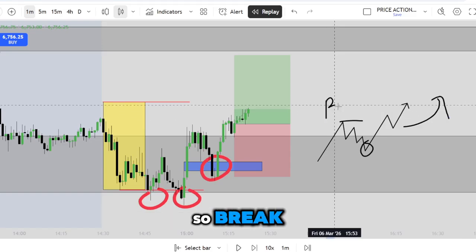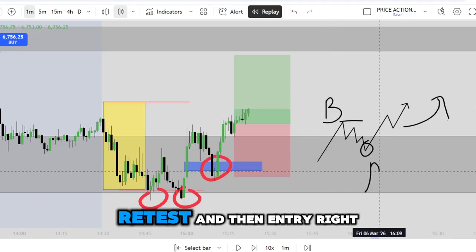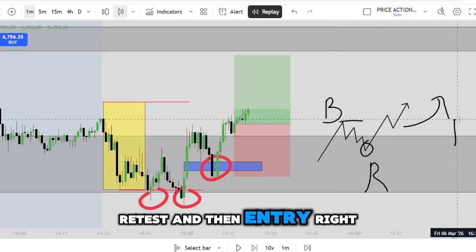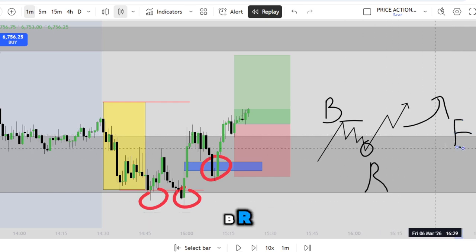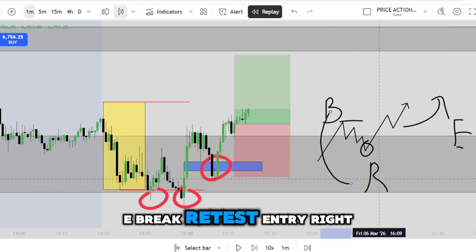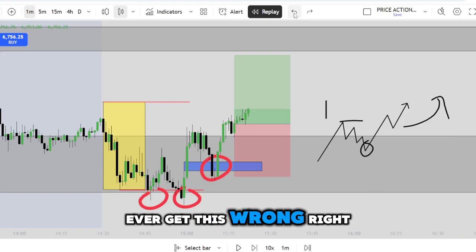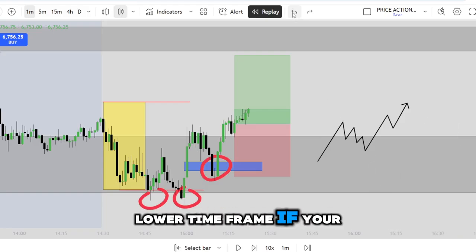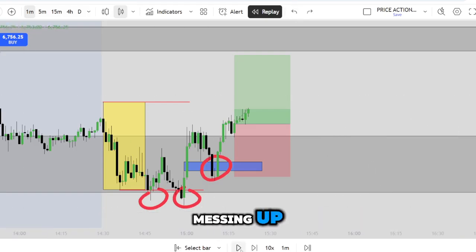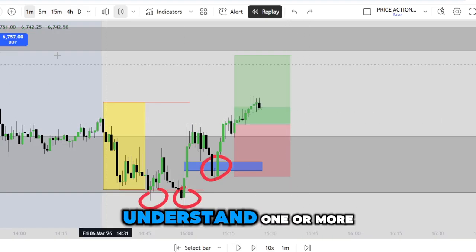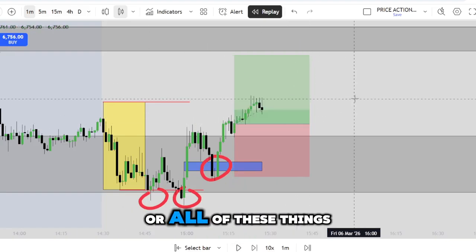Break, retest, and then entry, right? BRE: break, retest, entry. Never, ever, ever get this wrong. If your lower time frame executions are messing up, it's just because you don't understand one or more or all of these things.